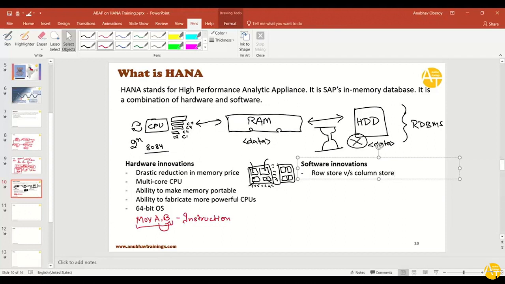If you're confused about this, I will show you more in the next slide. In the next slide, I will talk dedicatedly about this to explain the concept of row versus column store. This has given great benefits when it comes to working with an SAP system like HANA. Then the ability to compress data.